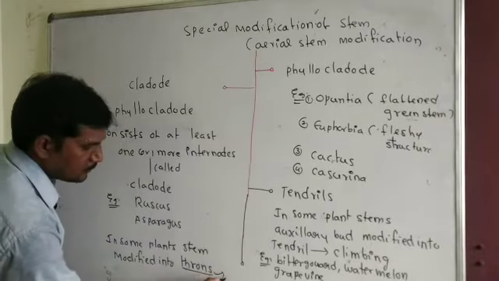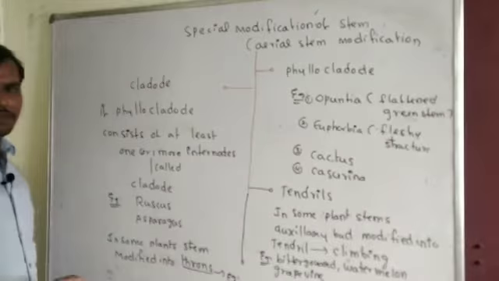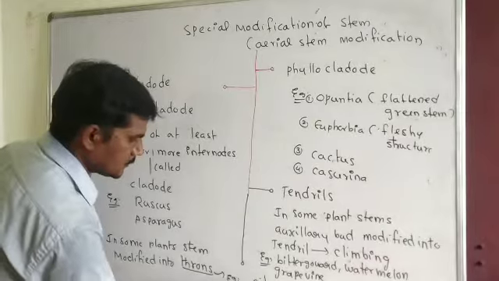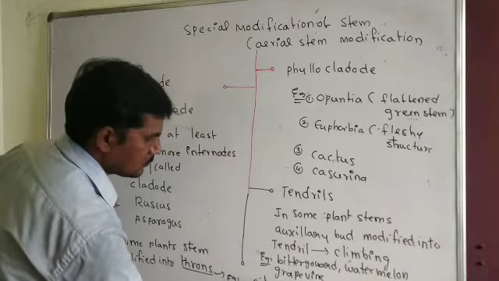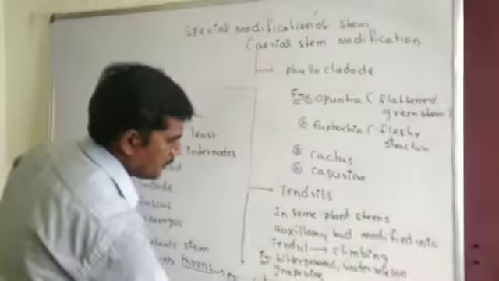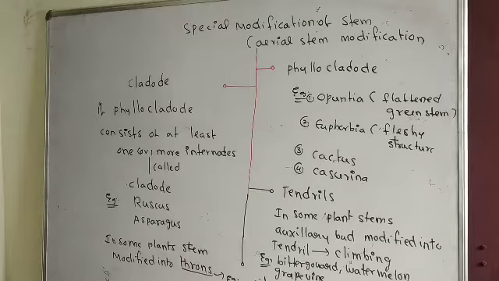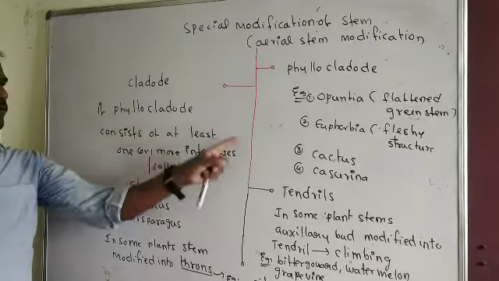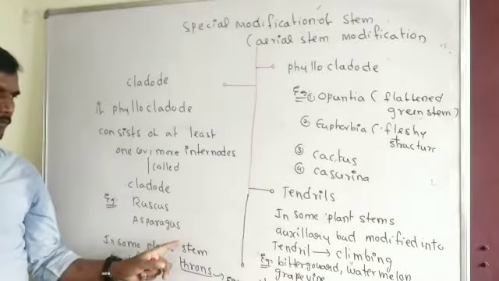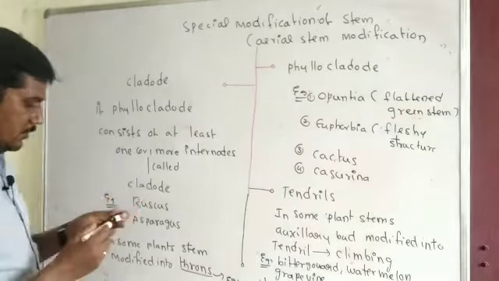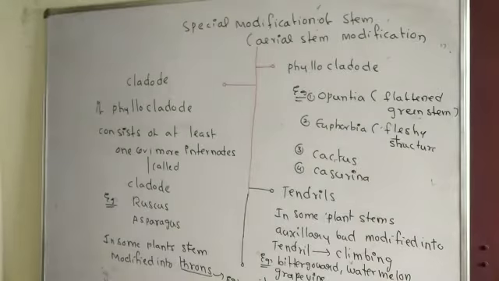Example for this one: citrus and bougainvillea. So it is about the special modification of the stem. A few points I will give here, very very important.